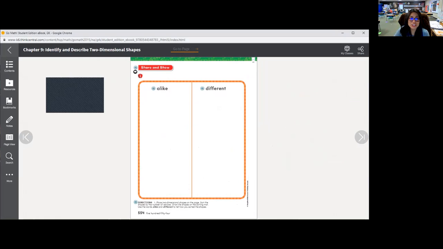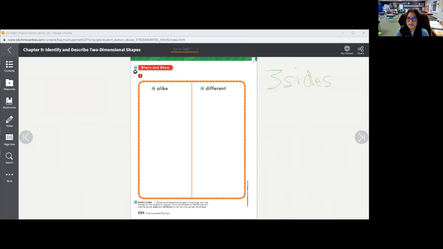So any shape that has 3 sides and 3 vertex, we'll go on your paper, and then any shape that has 4 sides and 4 vertex, okay?